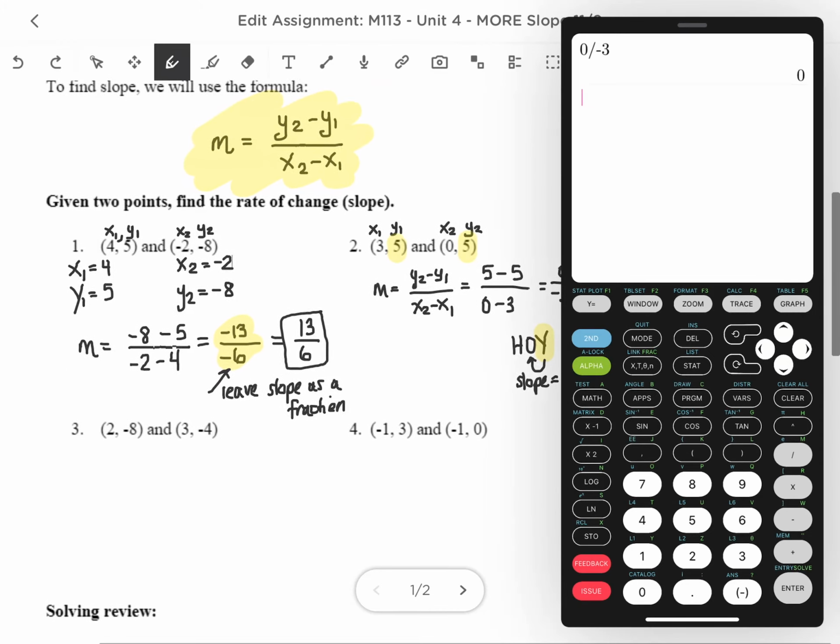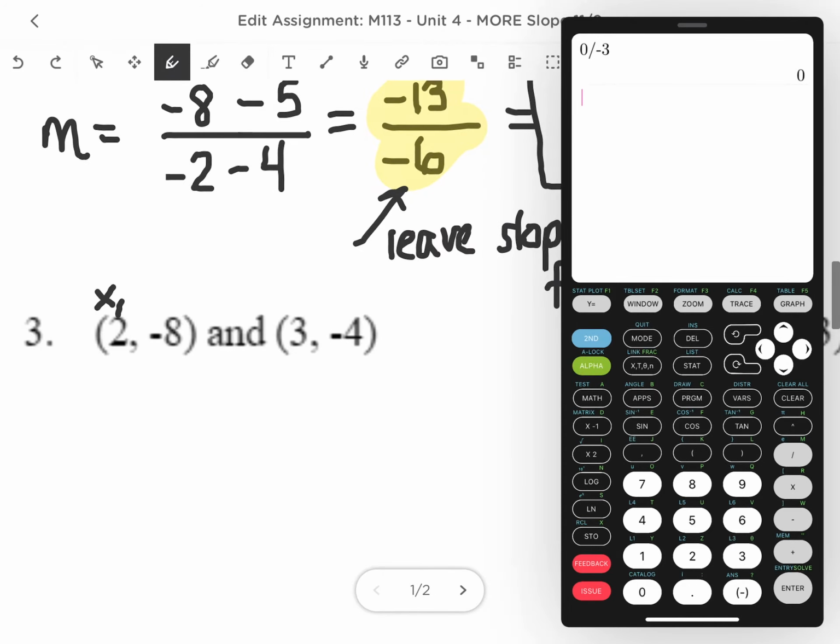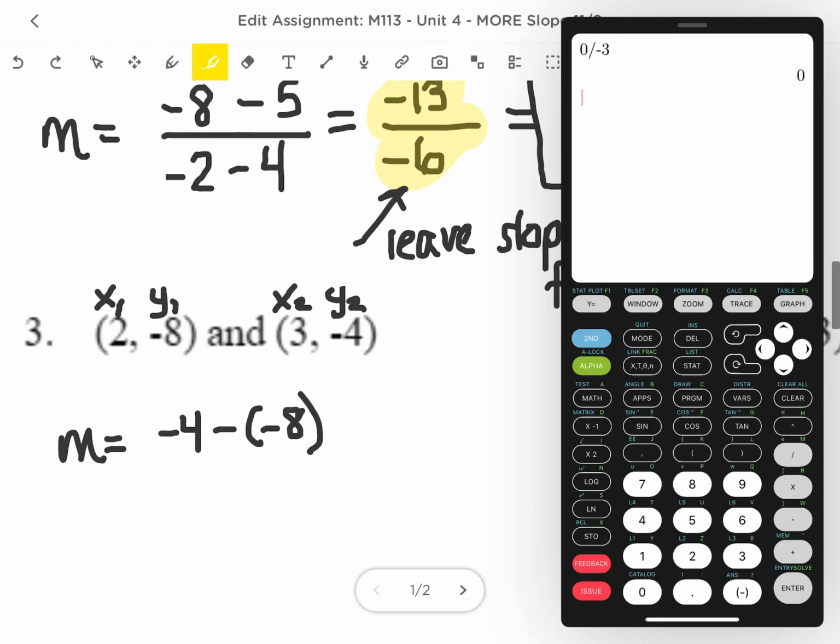All right, let's take a look at number 3. So we have x1, y1, x2, y2. So slope equals y2 minus y1, and see how I used parentheses here? That's because I had a negative number. Then I can divide by x2 minus x1.